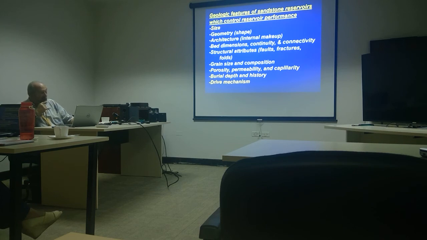And I just list these: size of the reservoir, the shape of the reservoir, the internal makeup of the reservoir, the size, the dimensions, whether the reservoir is continuous and connected or not, structural attributes like faults, fractures, and folds, grain size and composition, porosity, permeability, and capillary properties, burial depth and history, and drive mechanism, which is not really a geological property, but all the others are.